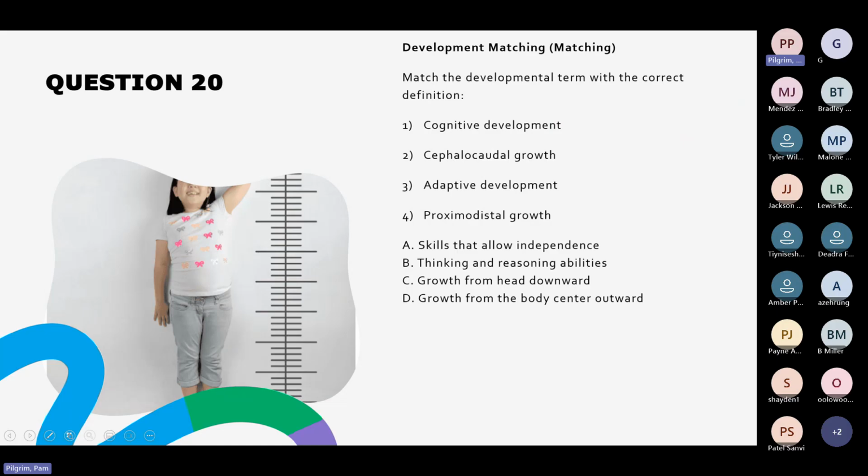I'm sorry. Match the developmental term with the correct definition. Put 1 and then the letter after it, 2 and the letter after it, and so on. Take a moment and connect those terms with the definition.